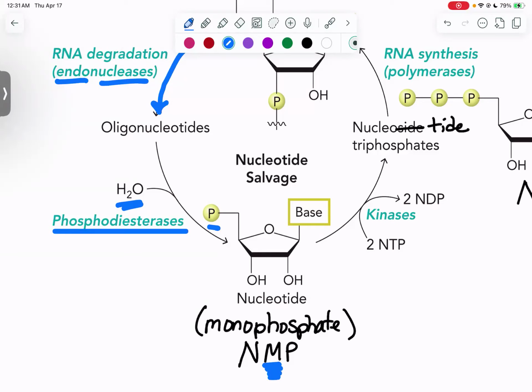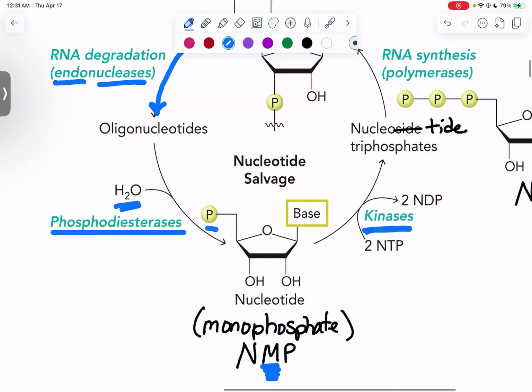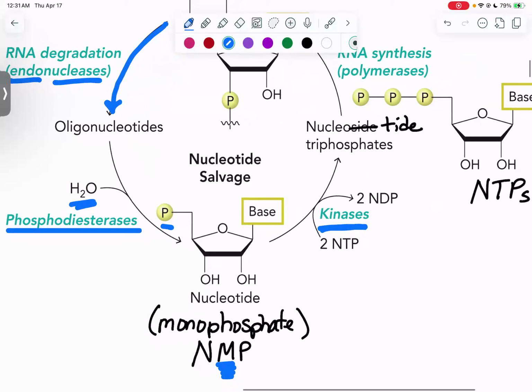So what I have to do is go through kinases, and I have to go through 2 rounds. And depending on which nucleotide you're making, you're going to use a different nucleotide as an energy source. And so we just call it NTP. So this is a nucleotide triphosphate. So A's, C's, T's, G's.